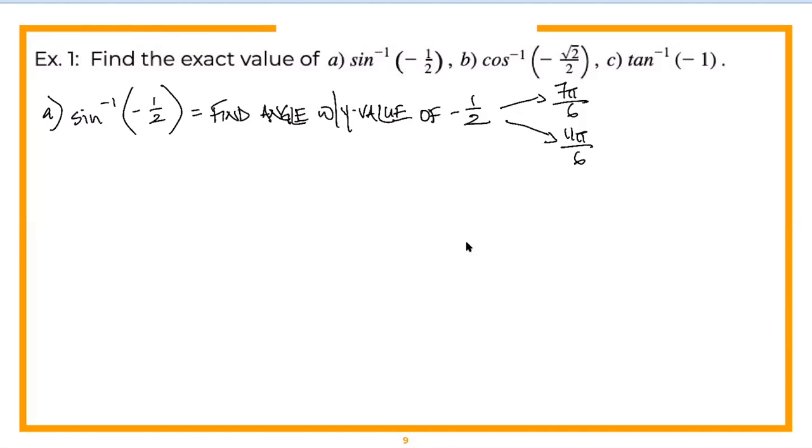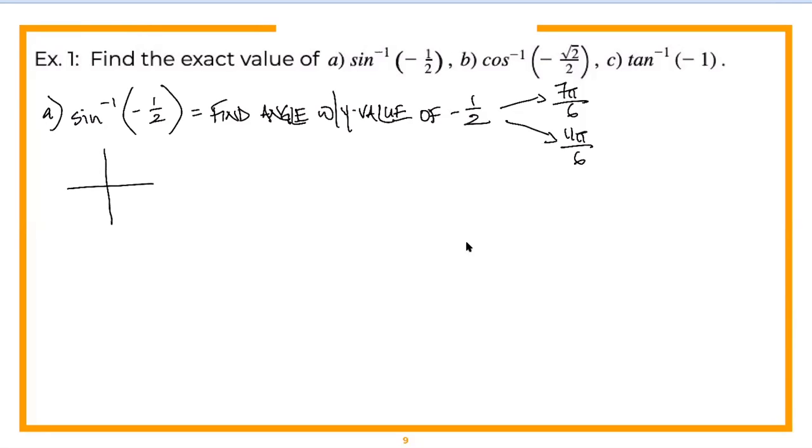So we said that our range for arcsine was between what and what? -pi and pi over 2, sorry. Yeah, -π/2 and π/2.